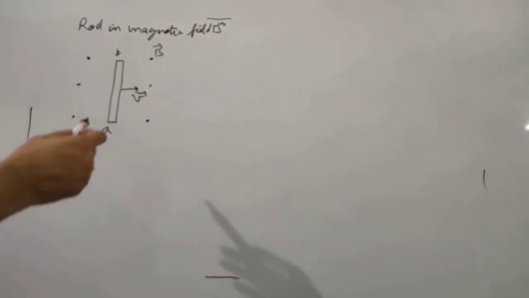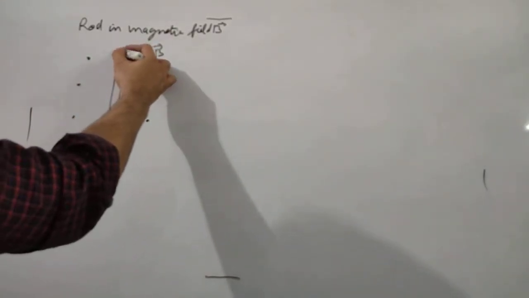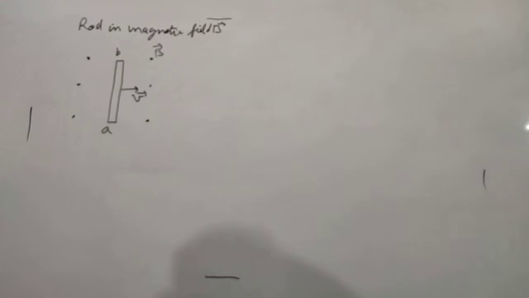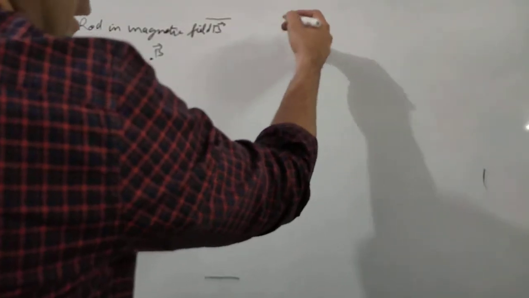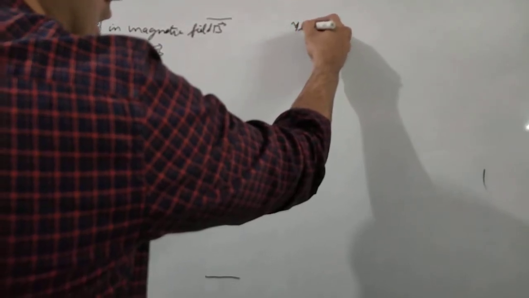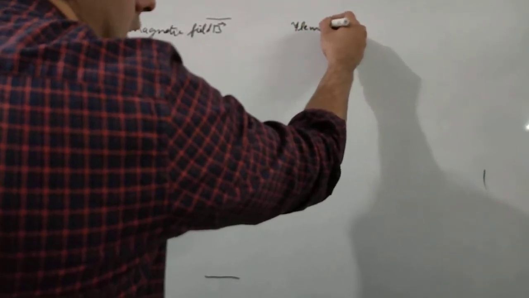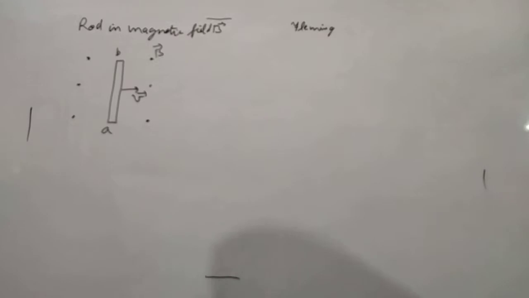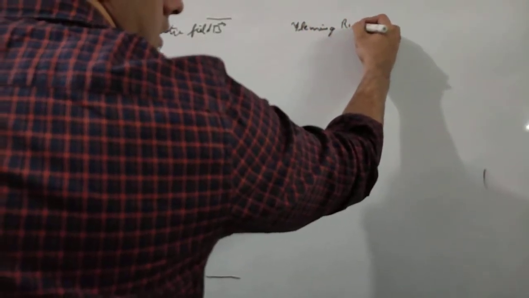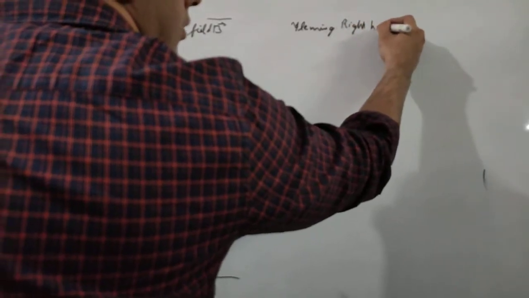Now before we go further to study what effects the rod experiences, first we have to study Fleming's right hand rule. Left hand rule we have already done, but whenever we have to find the direction of induced current, we always use Fleming's right hand rule.